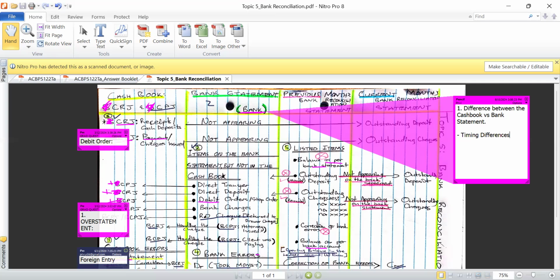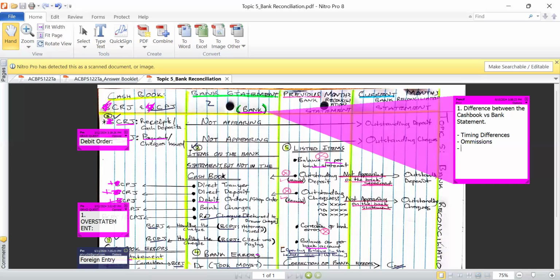While you're getting the bank statement on the last day of the month, that payment from a customer made on the 31st will only reflect on the 1st of September. Does it make sense? So it will not be reflecting on your bank statement, although the money was received. So it will be a timing difference. But sometimes it's not because of that. It could be because of omissions.